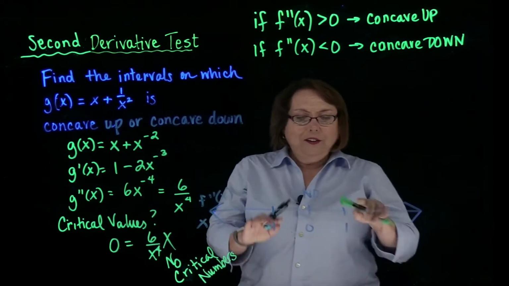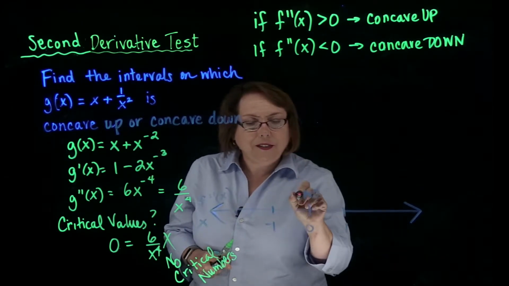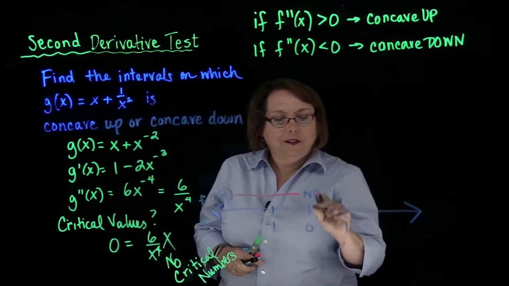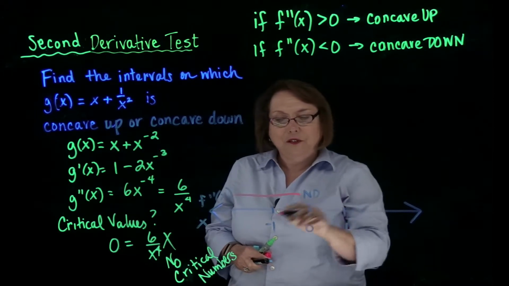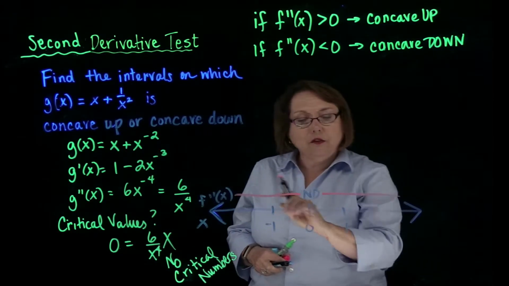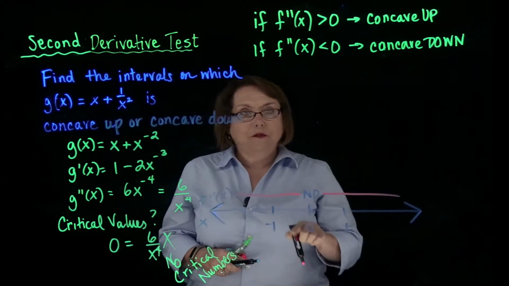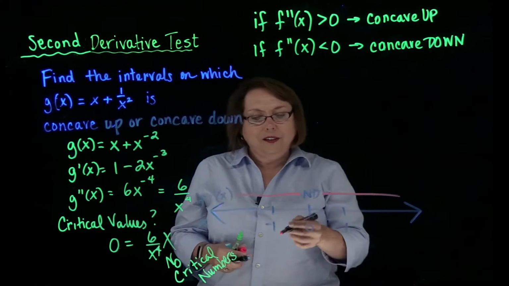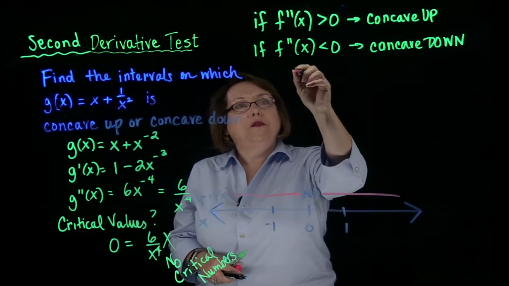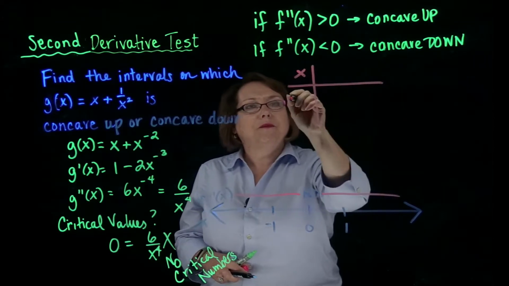So we need to just find what's the sign of the second derivative if x is to the left of 0, and what is the sign if x is positive. Let's start with negative. So -1 is an easy, good value for me to choose. Let me make a little table of solutions here.